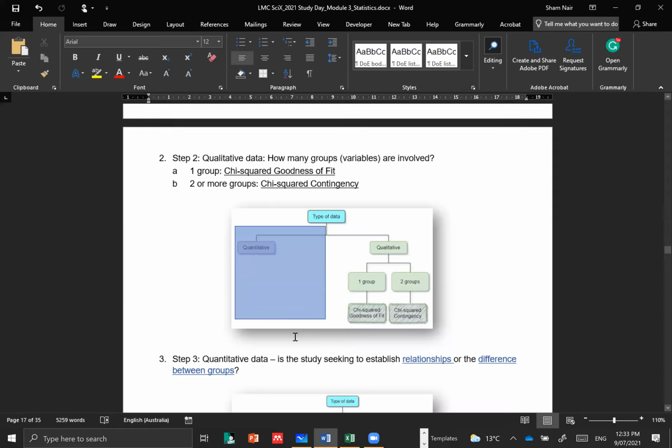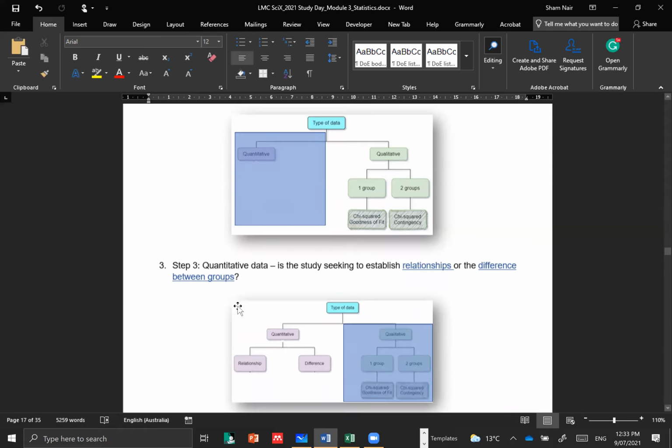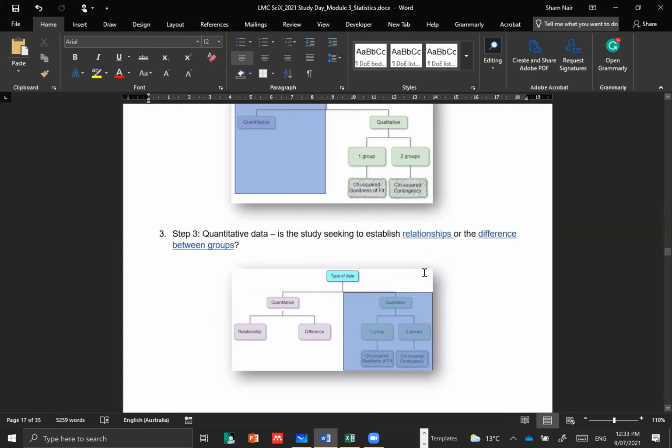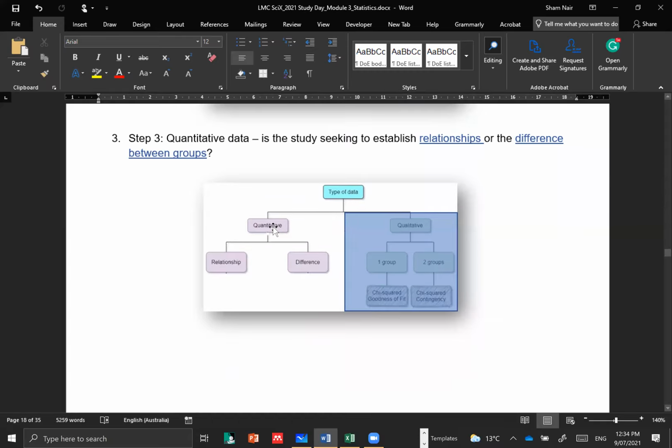Okay, what happens if your data is quantitative? That means you're going to ignore everything on the right. Just look at the left. Okay, so here you've got quantitative. Again, let me zoom in a little. Quantitative. Now look at what are you trying to establish?